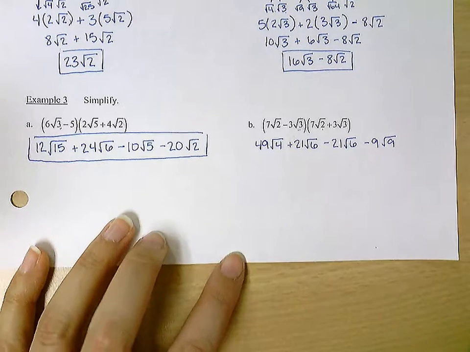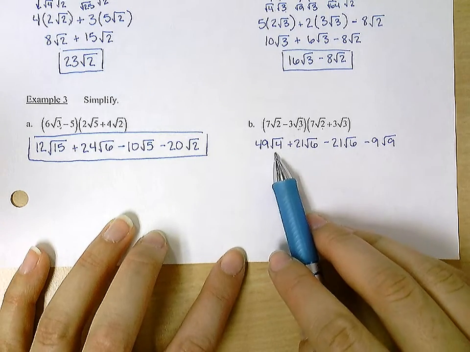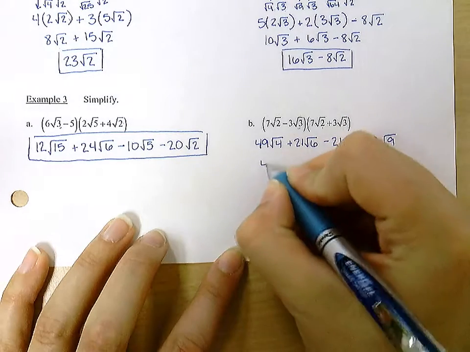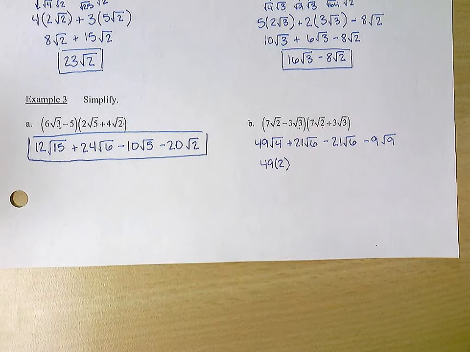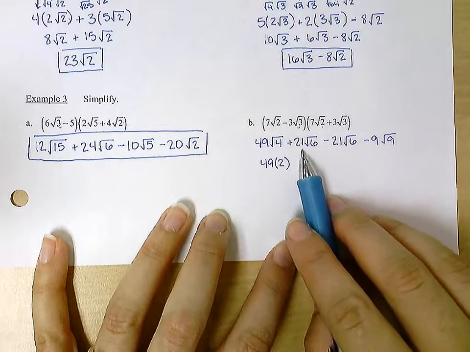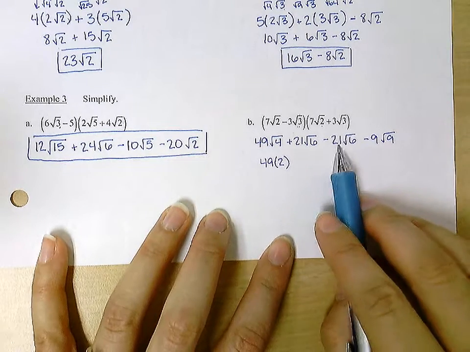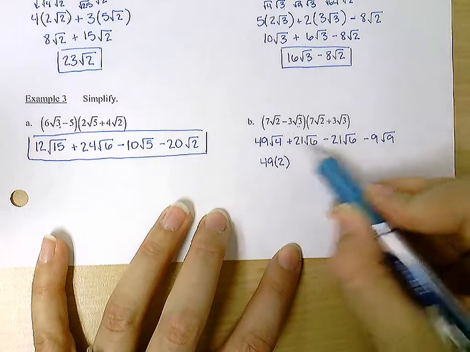Okay, I can simplify this one. What is the square root of 4? 2. So I have 49 times 2. Next here, I have 21 square root of 6 minus 21 square root of 6. What happens there? They cancel out.